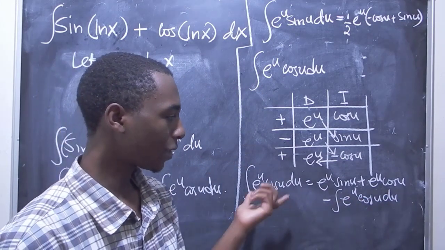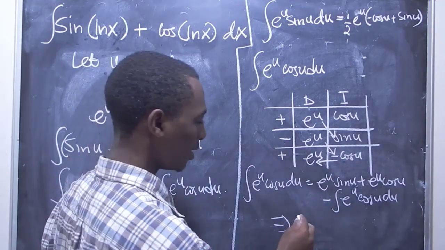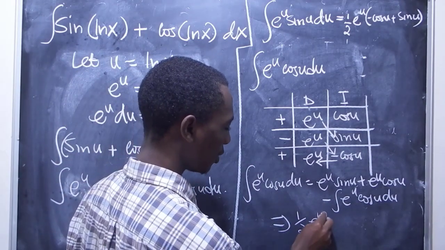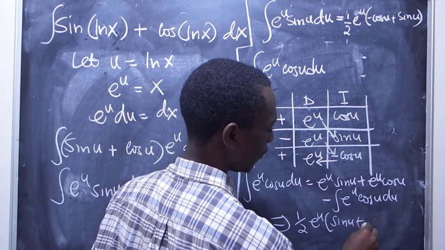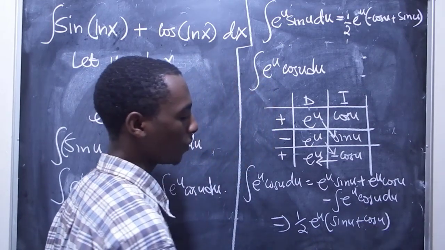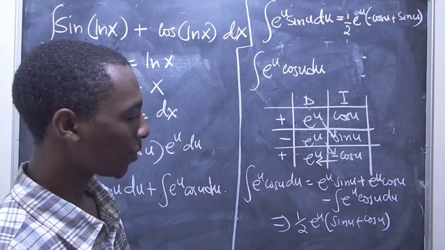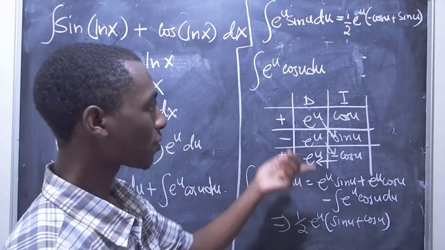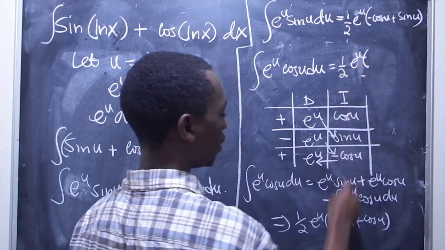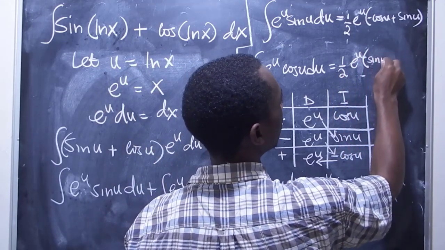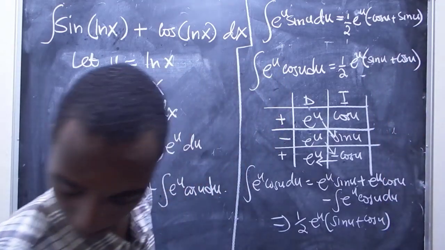Still, if I carry this integral over to the right hand side, there will be two integrals, so I can just conclude that this integral is a half e to the u. You can try to simplify this, come up with sine u plus cosine of u plus a constant, which I'll just indicate at the last part. So let's put these together. I'll just write this here. This is a half e to the u, so I have sine u plus cos u.